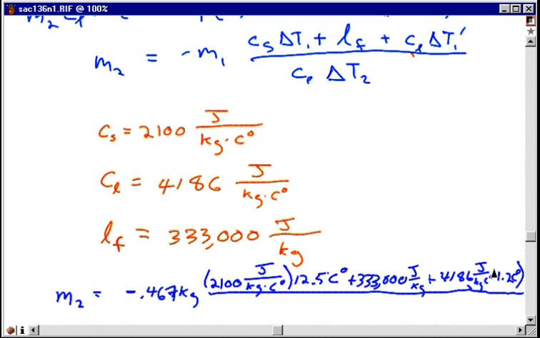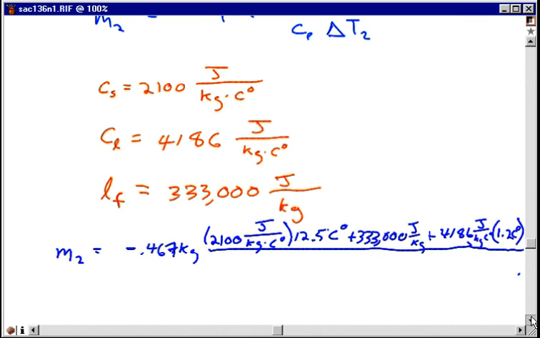From 0 to 1.2 was, of course, 1.2 Celsius degrees.